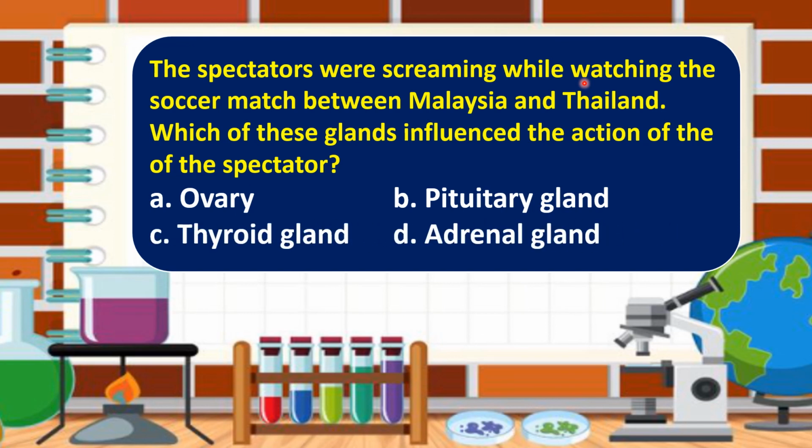C, thyroid gland. D, adrenal gland. Again, the spectators were screaming while watching the soccer match between Malaysia and Thailand. Which of these glands influences the action of the fans watching that particular game?